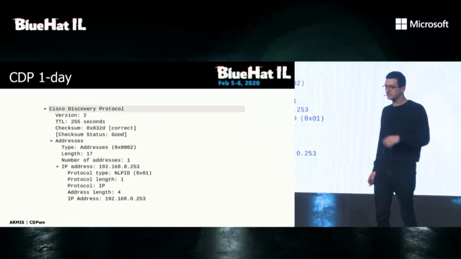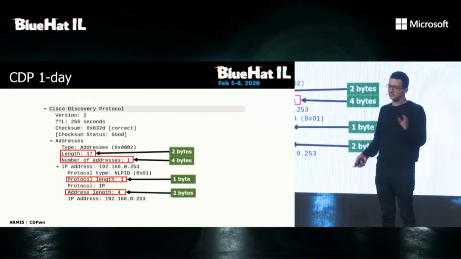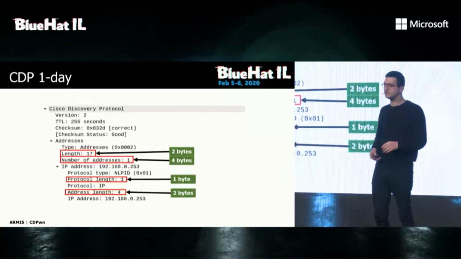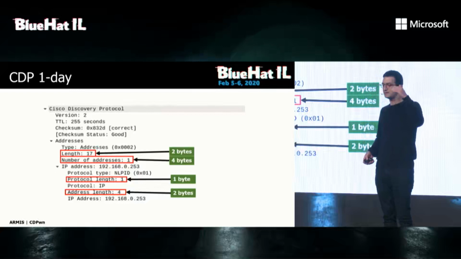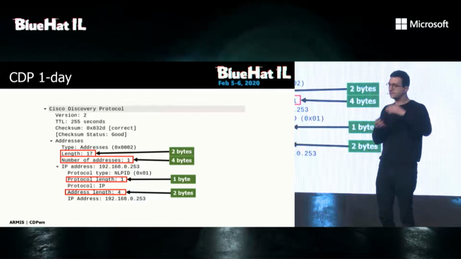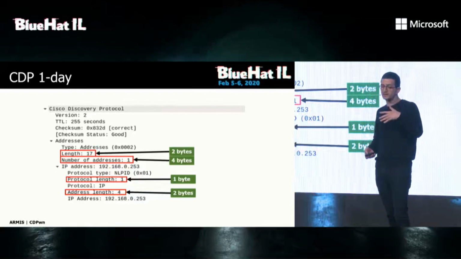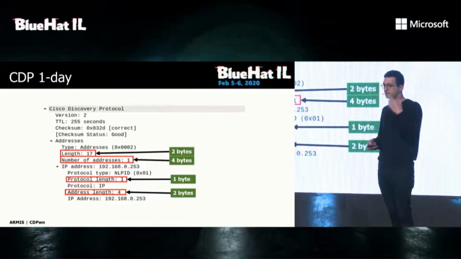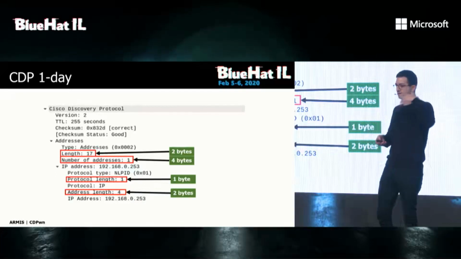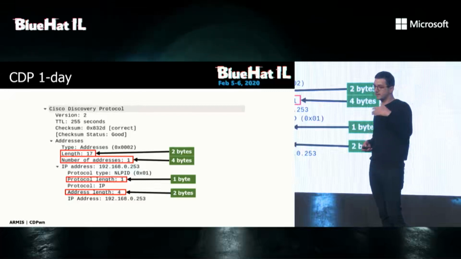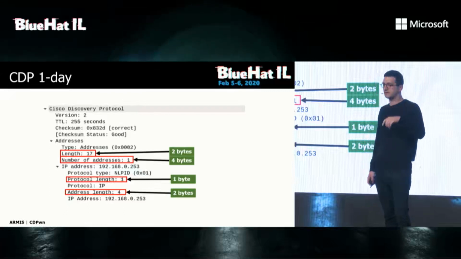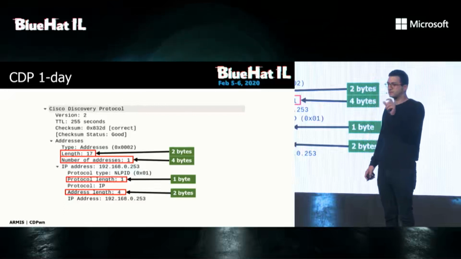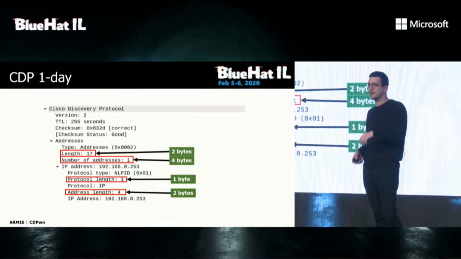But as you can see, there are way too many length fields in this TLV. It has the 2 bytes length for the entire TLV, and then a 4 bytes integer for the number of addresses in the array, which doesn't make any sense because one is limited by the other. And then for each of the addresses, there is the protocol length, which says whether this address is an IPv4 or IPv6.